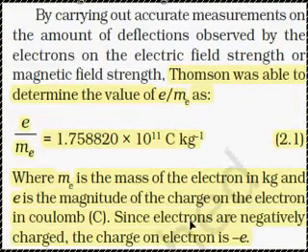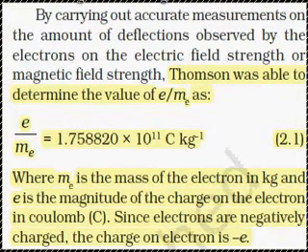Charge to mass ratio of electrons. In 1897, J.J. Thomson was able to measure the ratio of electric charge to the mass of an electron, e upon me, by using cathode ray tube and applying electric and magnetic field perpendicular to each other as well as to the path of electrons.